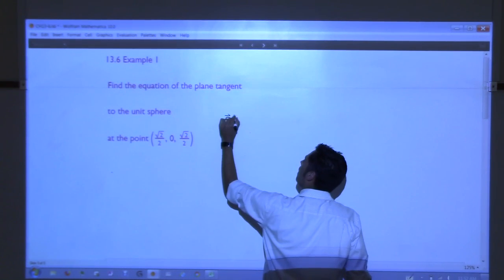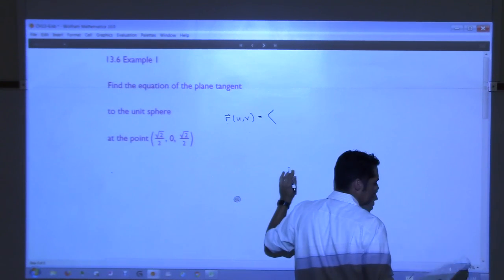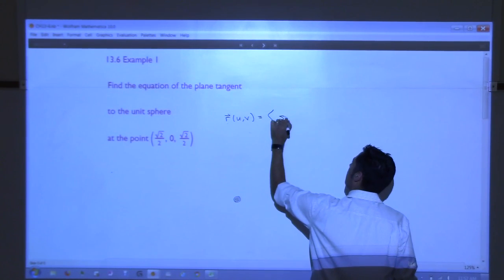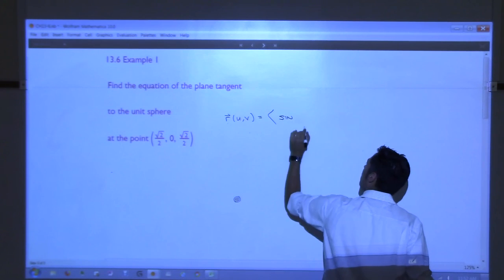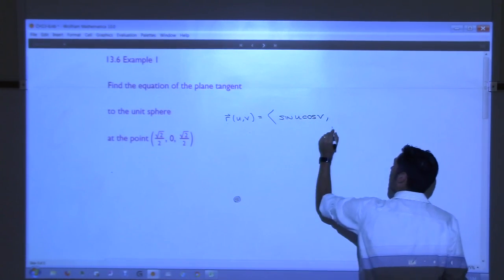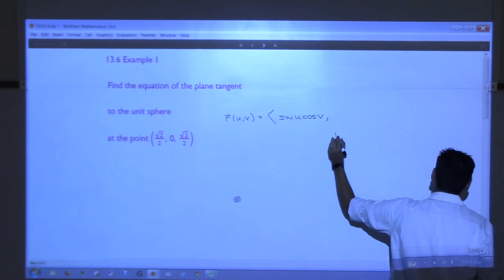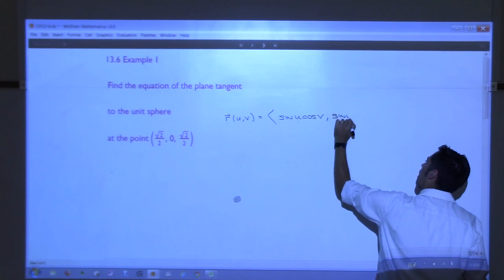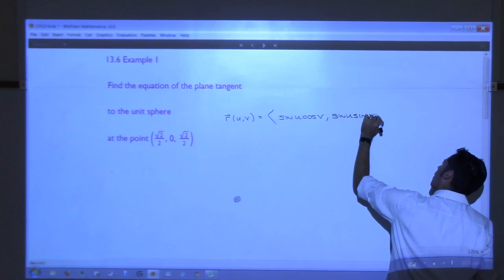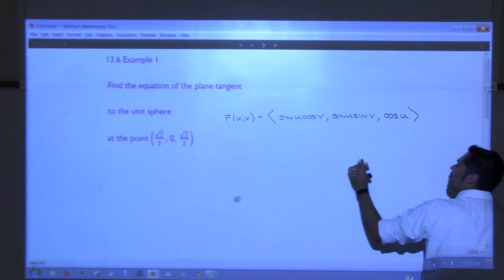So r of u v equals, you can write this several ways, but I'll do it the way I presented it earlier: sine u cosine v, sine u sine v, and cosine u.